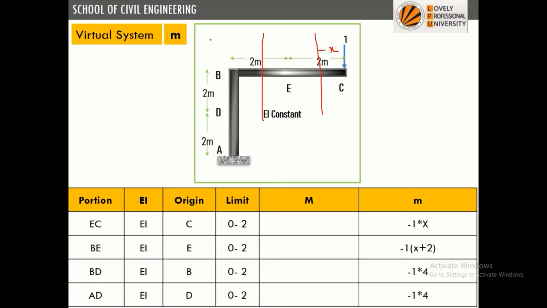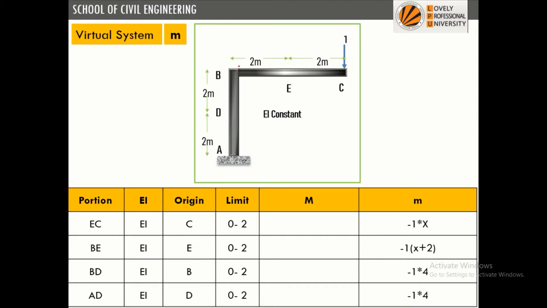Either we will consider all the forces on the left hand side or all the forces on the right hand side. Only one force is on the right hand side of the section. This distance is x because we are considering E as the origin, and this distance is 2. So what will be the moment? It is 1 into x plus 2, with a minus sign because it is a hogging moment.